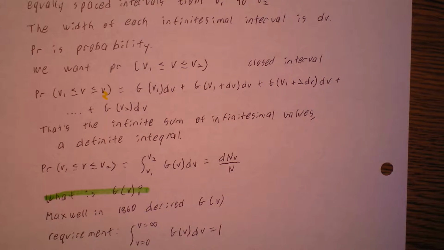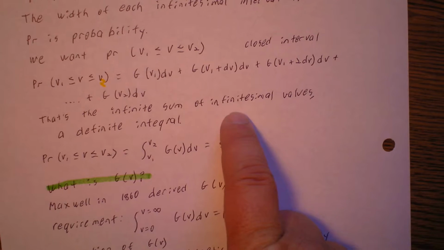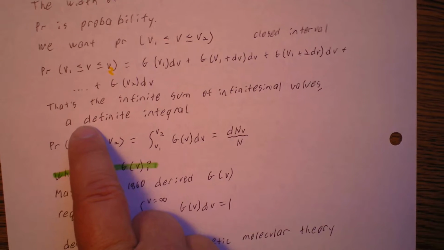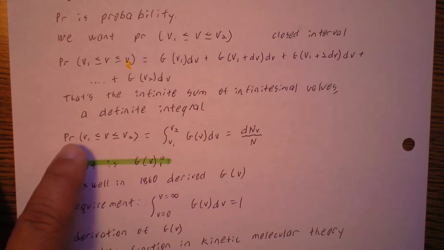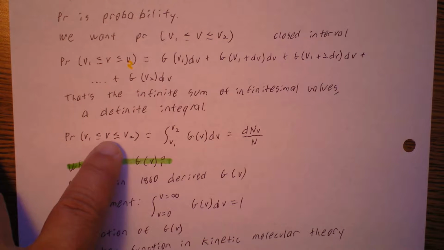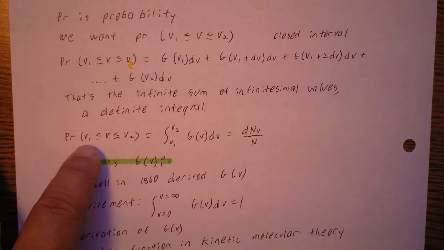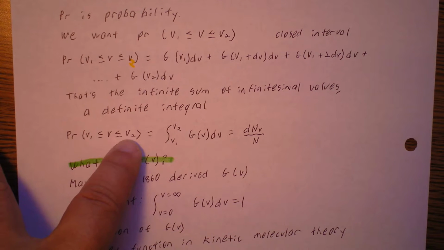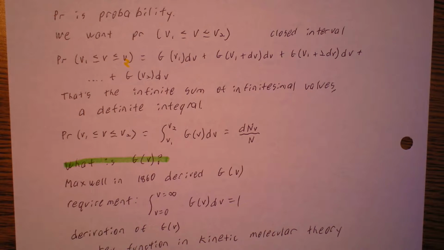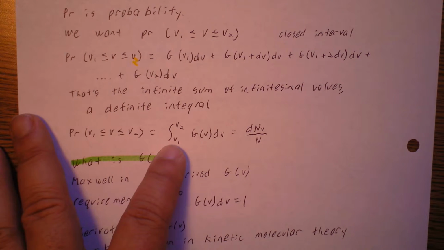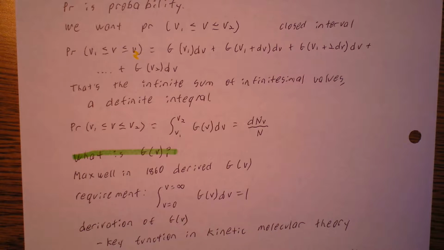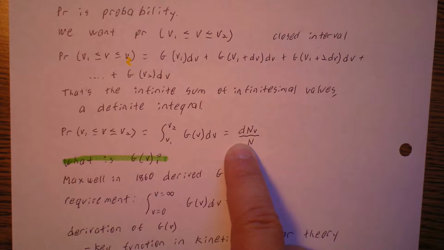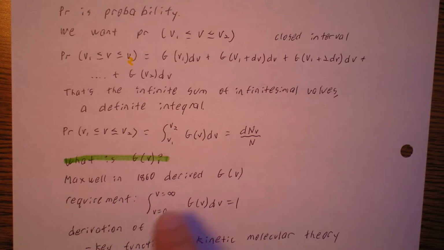So it's summing up all the parts. That's an infinite sum of infinitesimal values, which of course, hopefully if you're watching this, you know is a definite integral. So the probability that the speed of our molecule is greater than or equal to v1 but less than or equal to v2 is just going to be the integral from v1 to v2 of this function G of v dv, and that's going to be equal to this differential number of molecules at speed v divided by N.